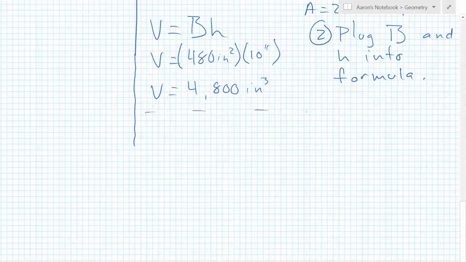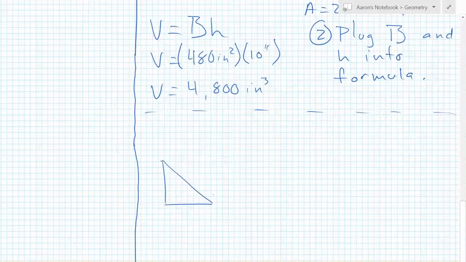Now, triangular prisms are exactly the same. So let's say we've got a right triangle like this.